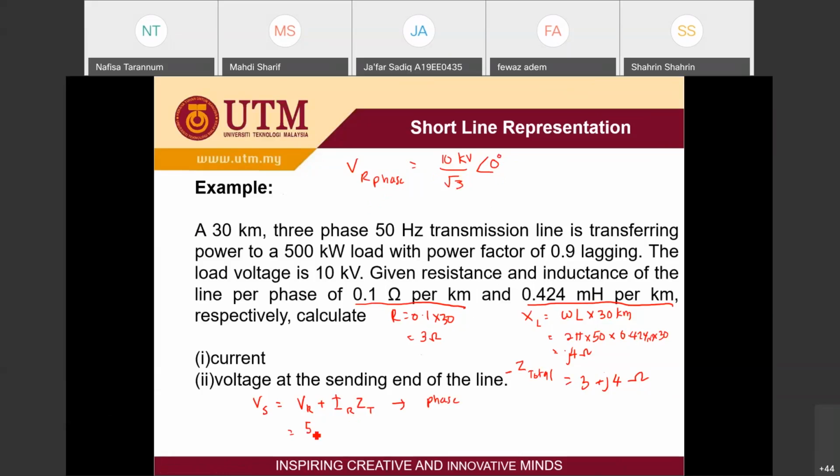So this one is 5.77 K angle 0, plus IR. We have already obtained 32 ampere with an angle of negative 25.84, multiplied with 3 plus J4.